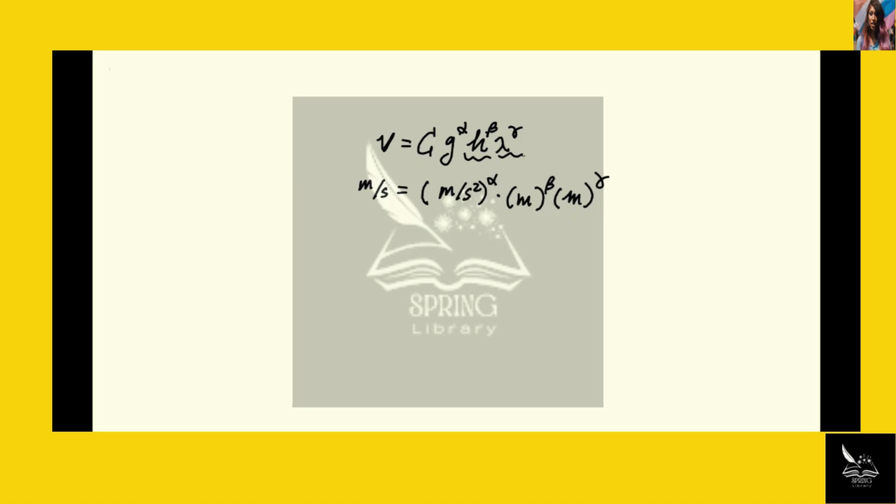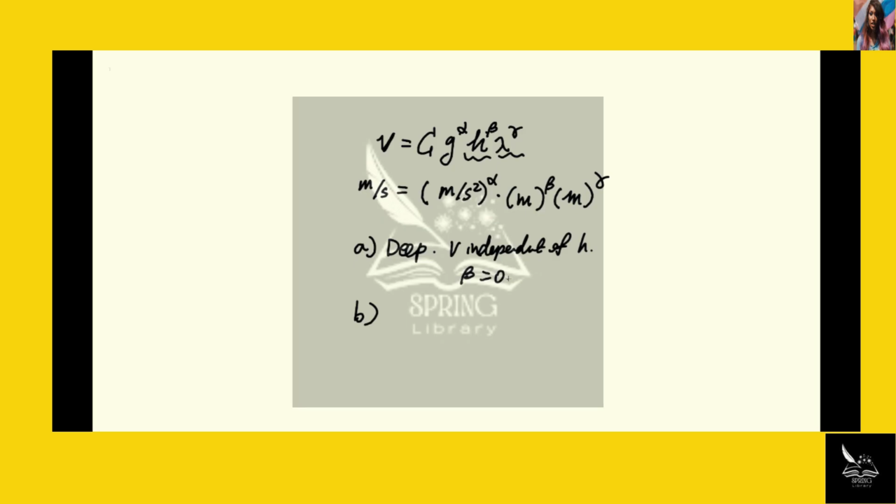Now the question made it easier for us because it made two assumptions. It says that in deep water, we can assume that the water deep down below the surface will not affect the surface motion. So for deep water, we can assume that V is independent of h, or in other words, beta equals 0.